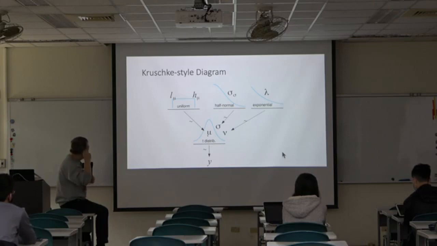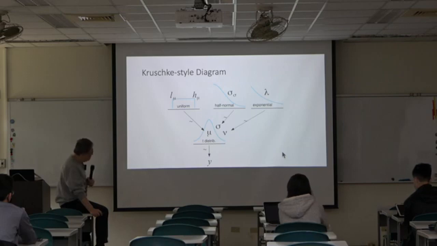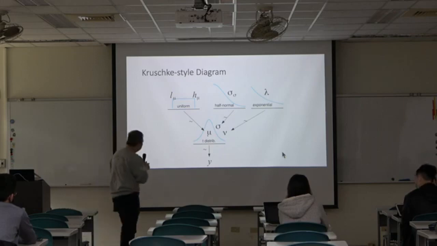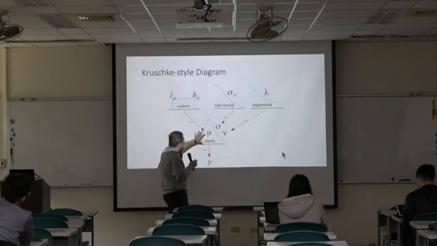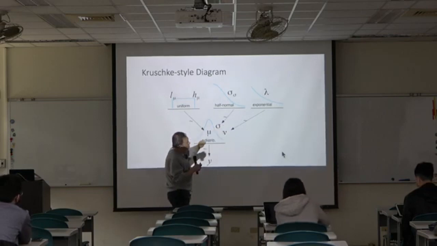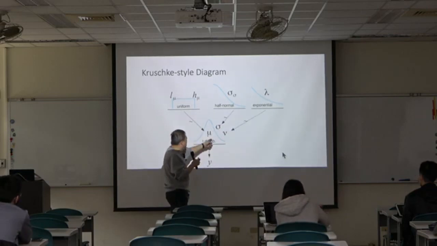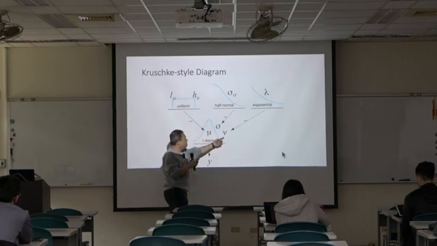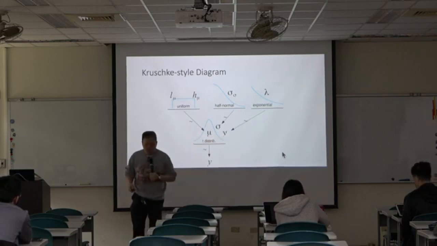For the uniform distribution, the L and the H remain the same. For the half normal, we again use the same setting. The only thing we modify is changing this one from the normal distribution to the t-distribution, and we have an additional prior for the additional parameter v.